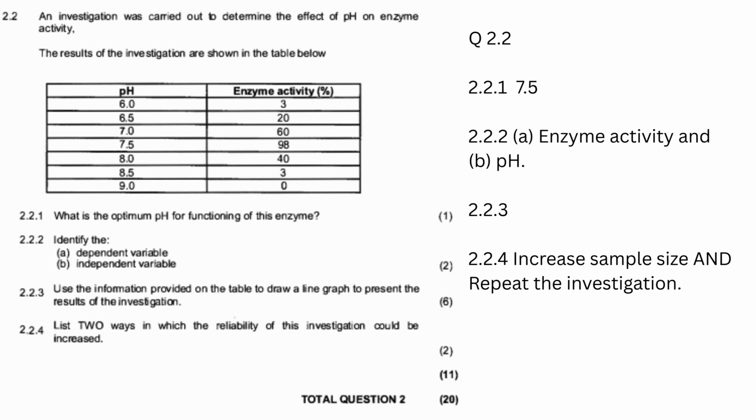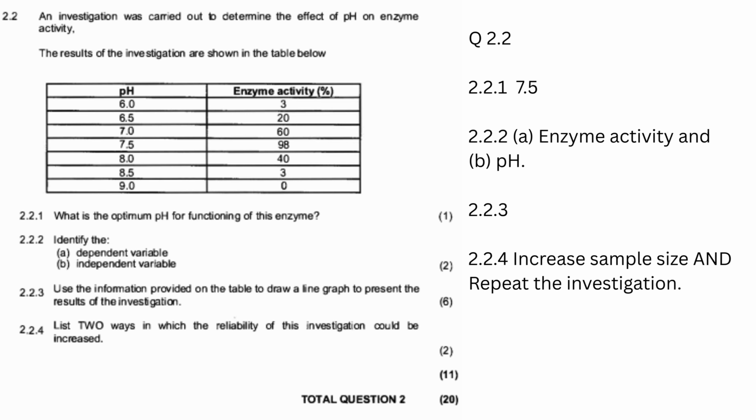The answer is increase sample size and repeat the investigation. So 2 ways in which the reliability of this investigation could be increased is to increase sample size or repeat the investigation. And repeat, because it's not an option.